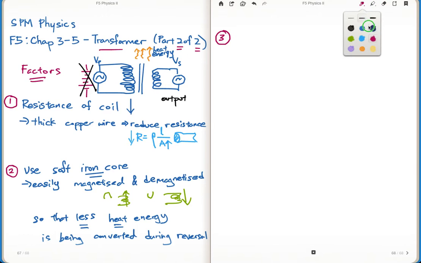You use laminated, meaning layered, laminated iron core.